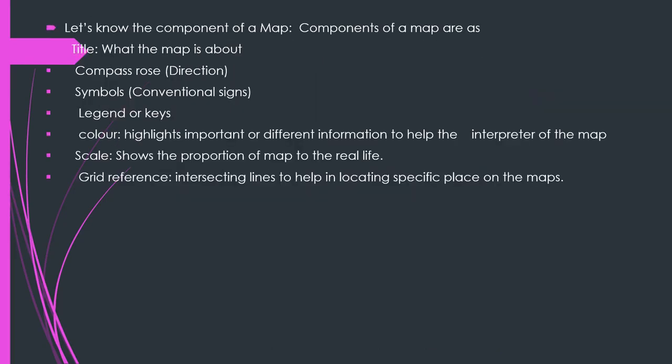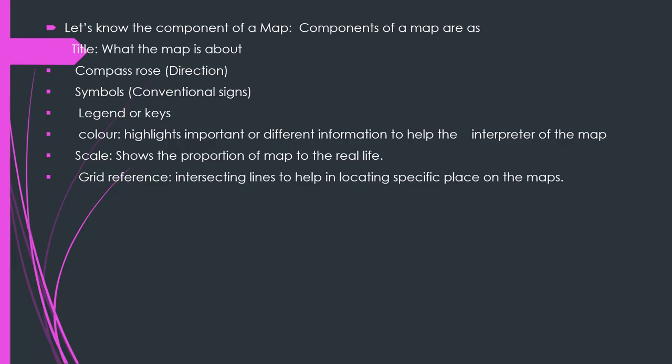Let us know the components of a map. Components of a map are: title, which tells what the map is about; compass rose, which means direction; symbols, which means conventional signs; legend or key; and color, which highlights important or different information to help the interpreter of the map.